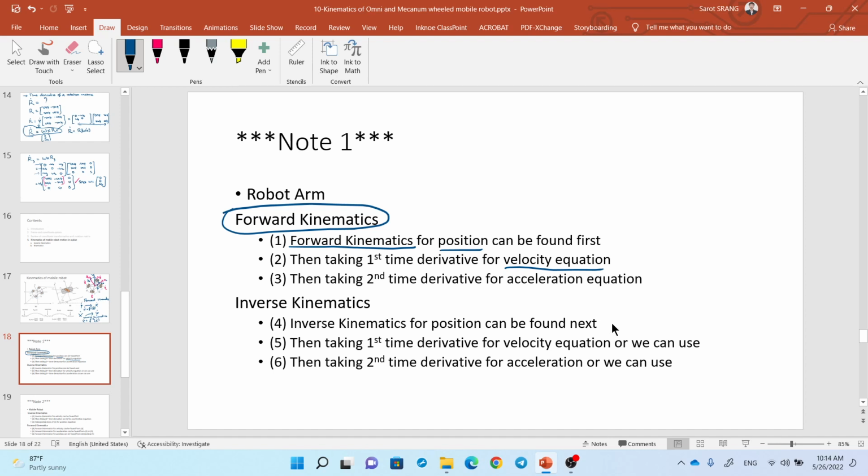Or you may directly find it from the geometry if it is a simple robot that does not need the algebraic approach to find inverse kinematics. And take the time derivative to find the velocity equation and acceleration equation. Okay, this is for the robot arm. So it's very important to know the process so that you can start the right way from the right thing.